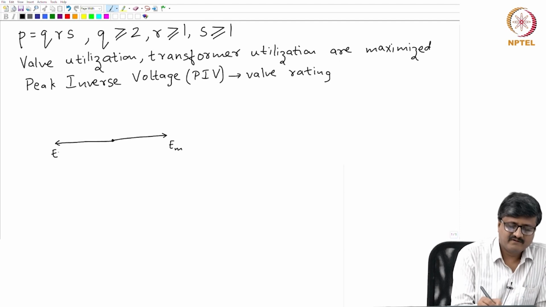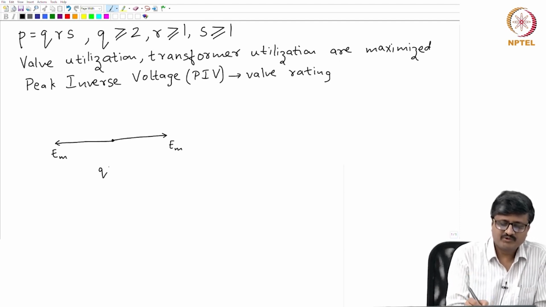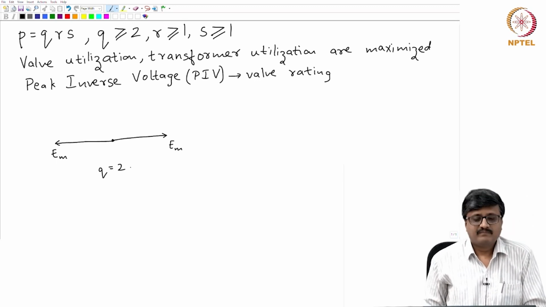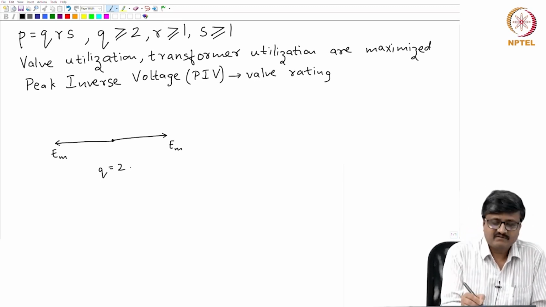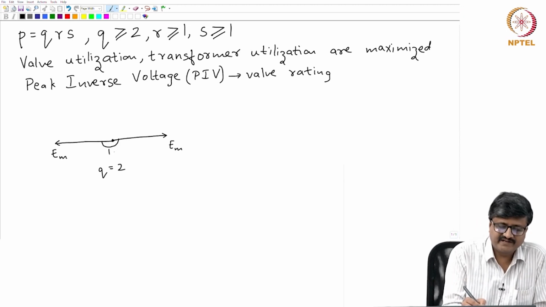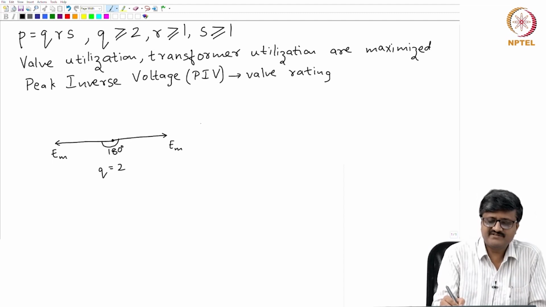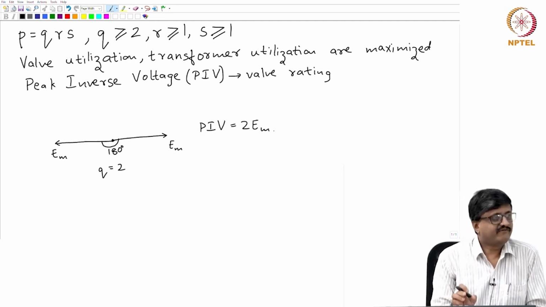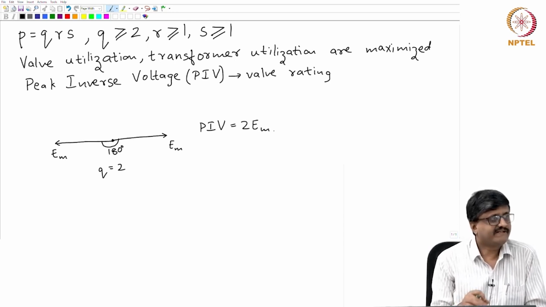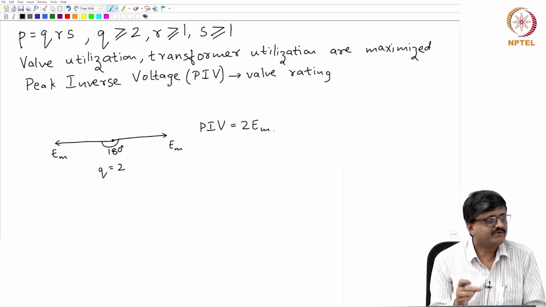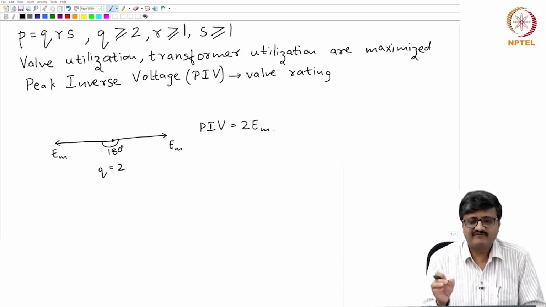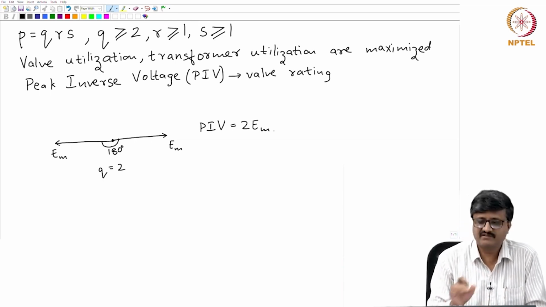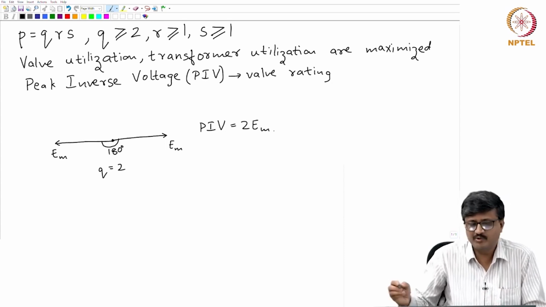If I have Q equal to 2, there are 2 voltages which are out of phase, that is the angle between these two is 180 degrees. In this case the peak inverse voltage is 2 Em. If at any instant one of the thyristors is conducting, then the voltage across the other thyristor will be subjected to a peak value of 2 times Em. That is very straightforward in the case of Q equal to 2.